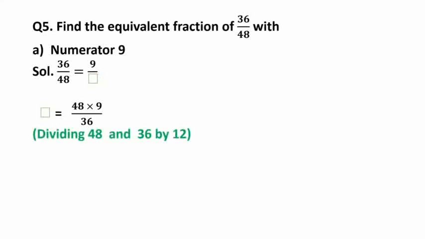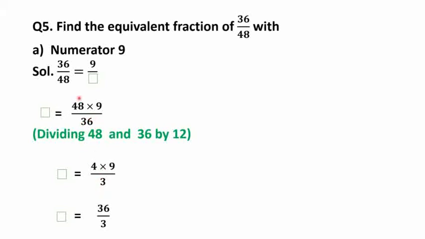So dividing 48 and 36 by 12, you can see here 48 and 36 both can be divided by 12, and we will write into 9 as it is. So when 48 is divided by 12, we get 4, and into 9 is written as it is, and when 36 is divided by 12 we get 3.